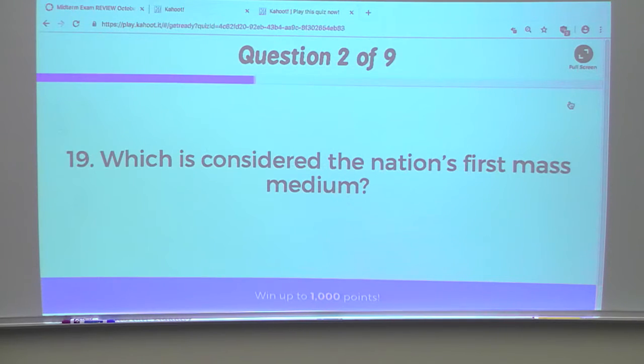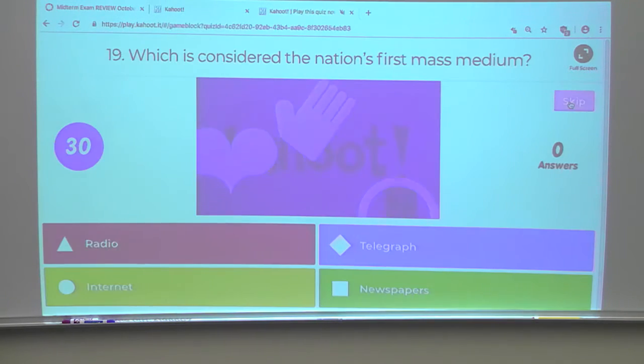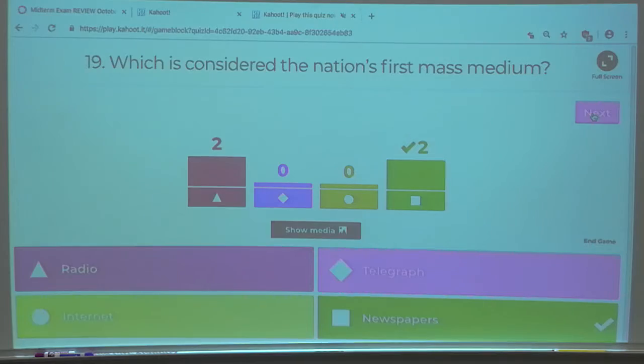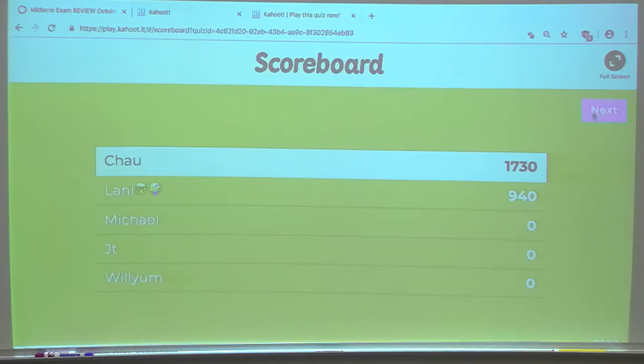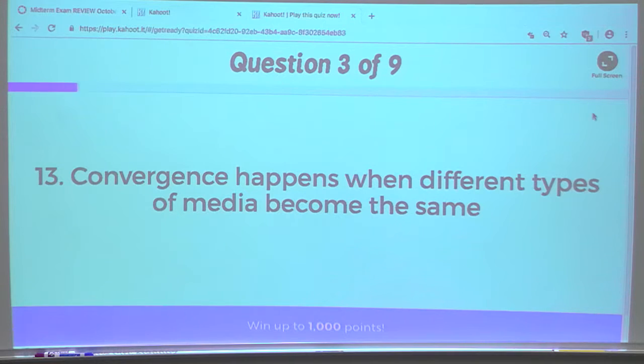Which is considered the nation's first mass medium: radio, internet, telegraph, or newspapers? All right. Well, the answer was newspapers. Now the radio would have been the first electronic mass medium, but the question asked just a mass medium itself. So newspapers is the right answer there.